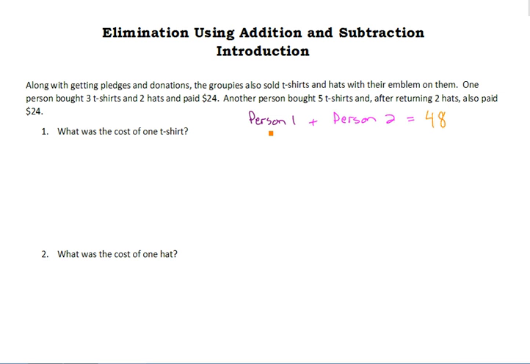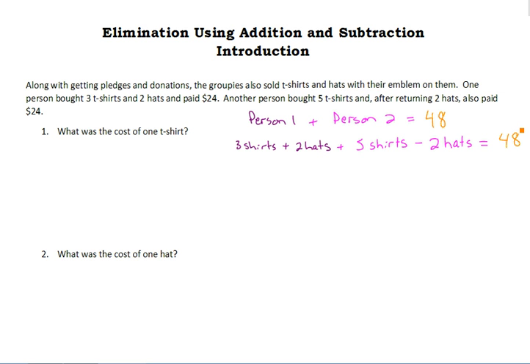So let's look at what person 1 bought. Person 1 bought 3 shirts plus 2 hats. Person 2 bought 5 shirts, but he returned 2 hats, so we have to subtract the 2 hat value off of that. And again, together we know that that equaled $48.